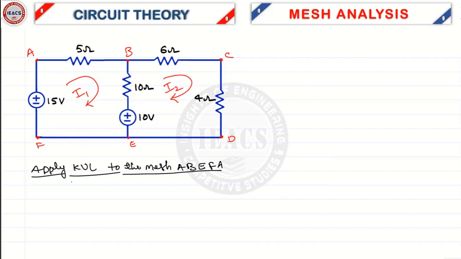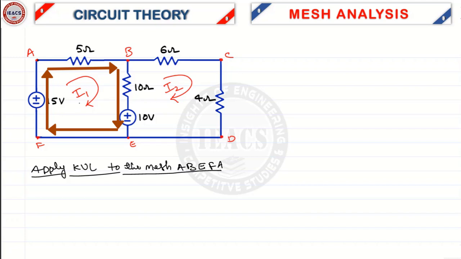KVL is nothing but the sum of all the voltages in a closed path of a circuit is 0. So to add all the voltages in a closed path, which is our mesh A, B, E, F, A, I will start at point A and travel in this direction, which is the same as the assumed mesh current.